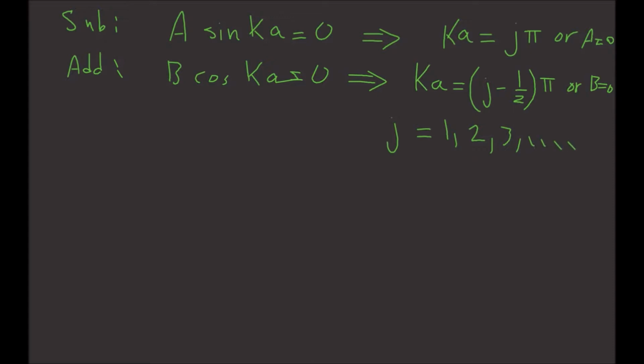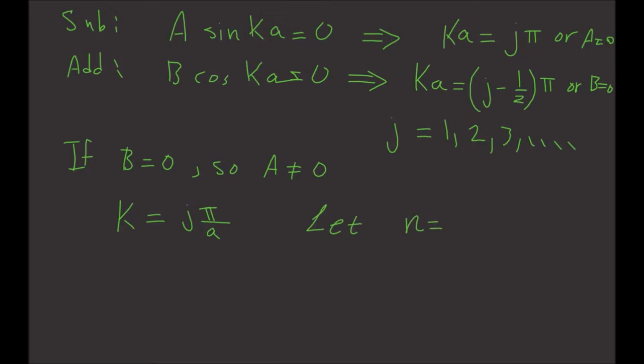If b is equal to 0, then a cannot be equal to 0. This tells us that k must equal j times pi divided by a. In this case, let n equal 2 times j, so n is always an even integer.